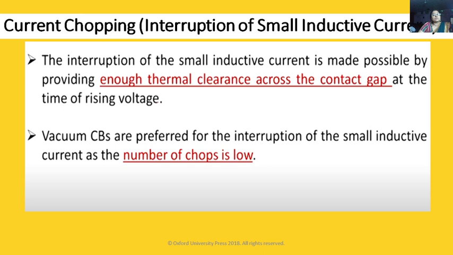For interruption of small inductive current we use the vacuum circuit breaker, as interruption of small inductive current is made possible by providing enough thermal clearance across the contact gap at the time of restriking. In a vacuum circuit breaker we have enough thermal clearance, because the contacts are totally enclosed in the vacuum. So vacuum circuit breakers are preferred for the interruption of small inductive current as the number of chops is low.